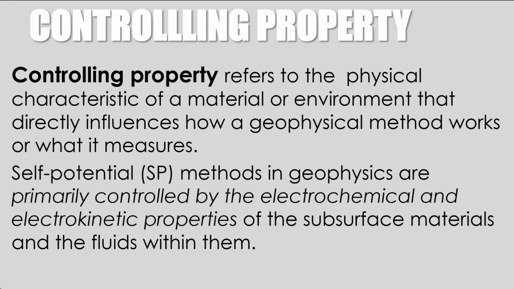So, for the self-potential, the controlling property is the source of the natural electrical signal that this method detects. Understanding this helps scientists to know what kind of subsurface features the method can reveal.